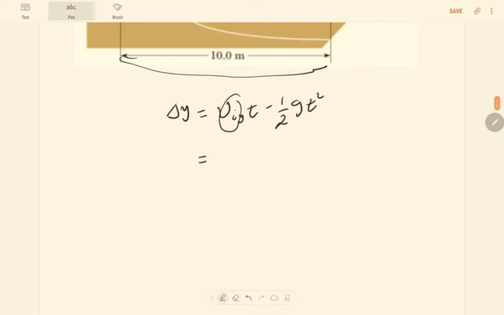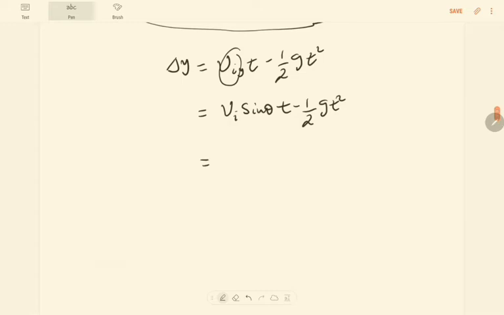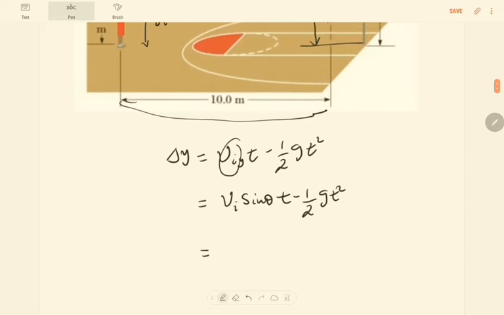So you could write it this way: delta y equals v initial sine theta times t minus half g t squared. That's good. What we'll do on the next step is simply find expressions independent of time, and express time as some variable from the given information.